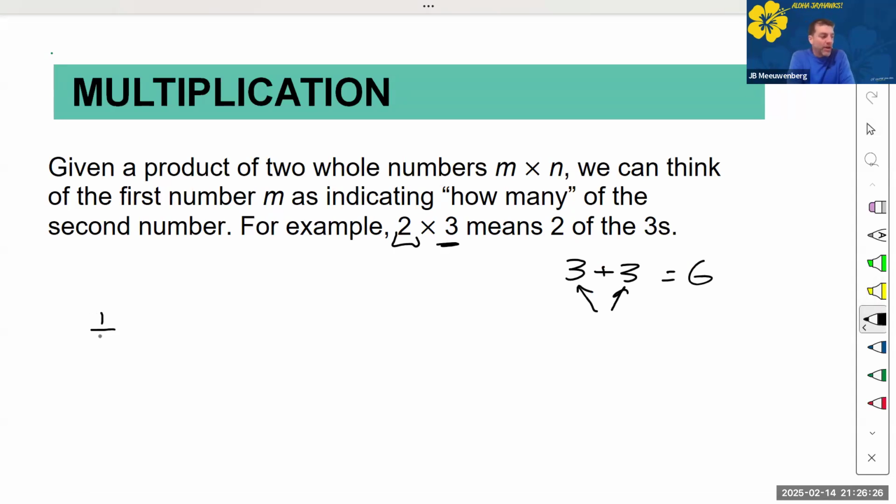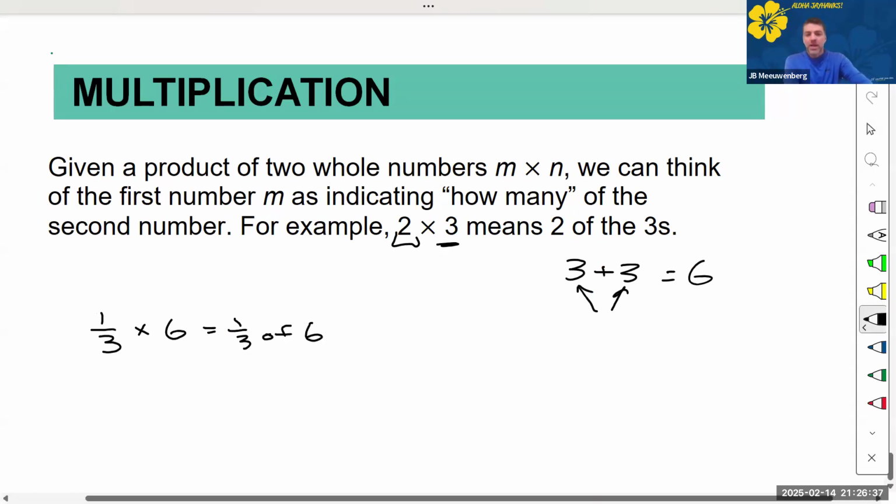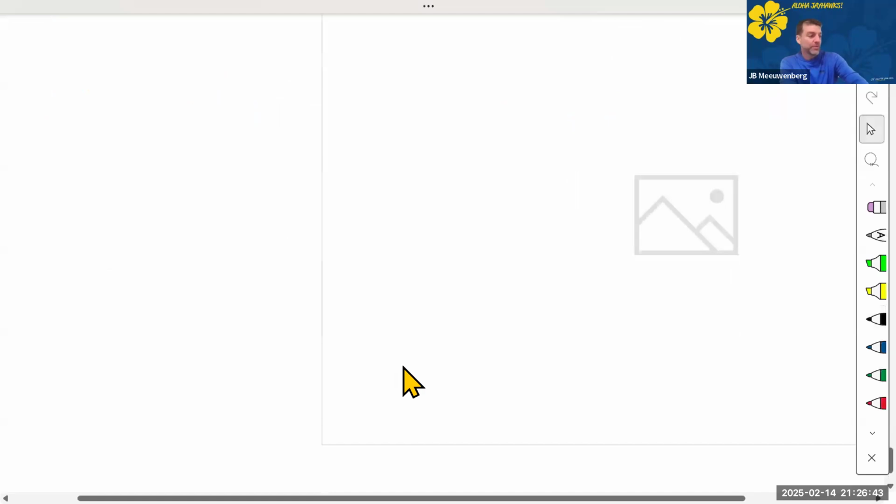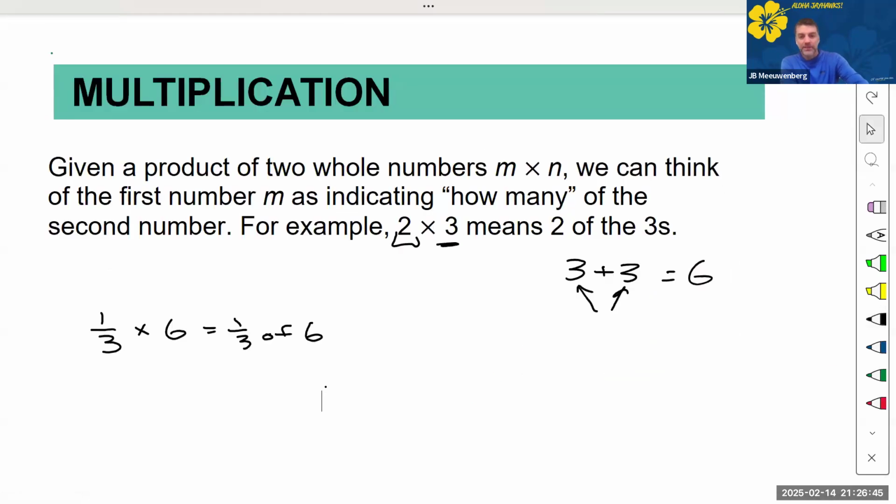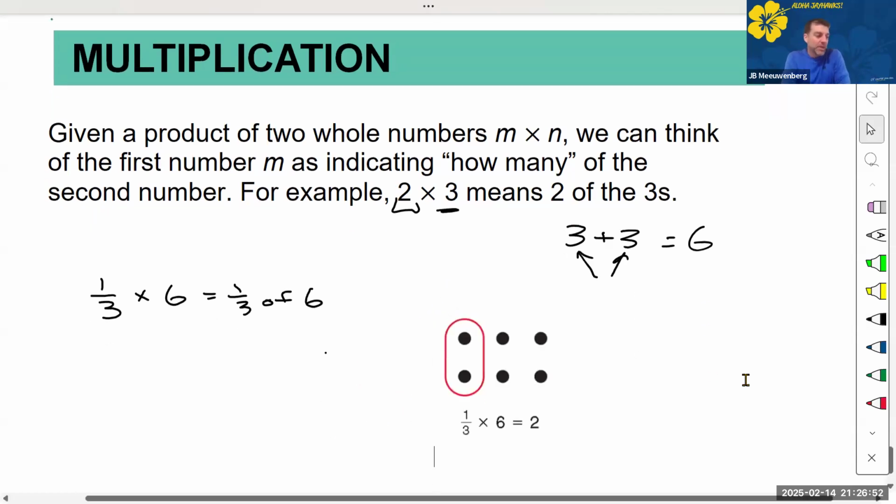If we write 1/3 times 6, that also really means 1/3 of 6. That's an important thing to recognize. And so if we take that into consideration, a visual would look something like this, shown with these dots here.